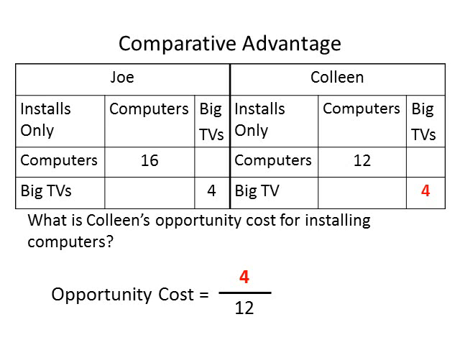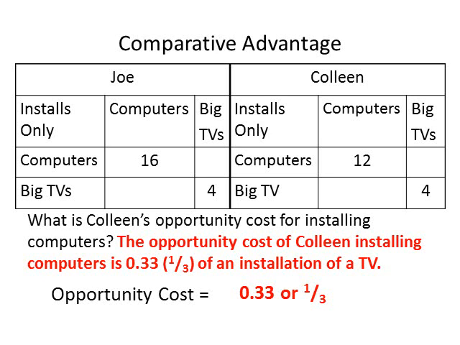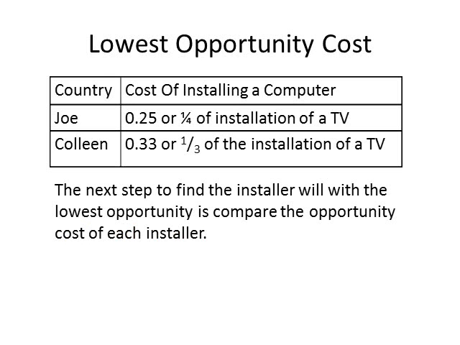We will insert 4 into the formula. Our next step is to divide 4 by 12, which gives us 0.33 or 1/3. The opportunity cost of Colleen installing computers is 0.33 or 1/3 of an installation of a TV.